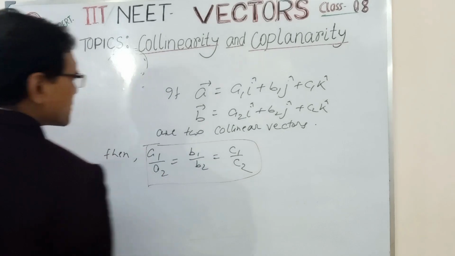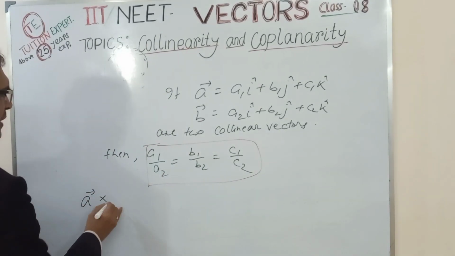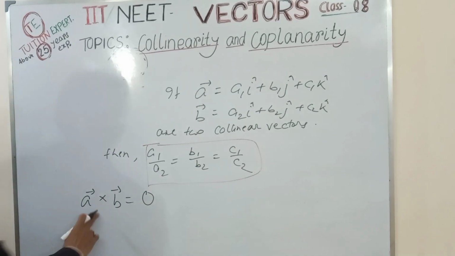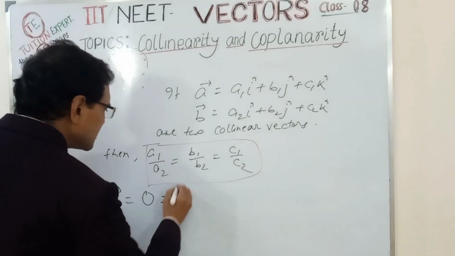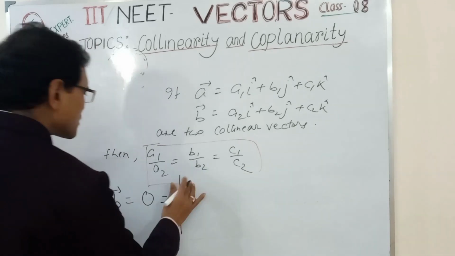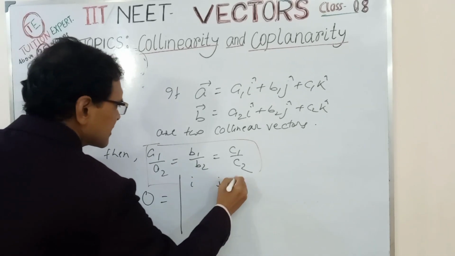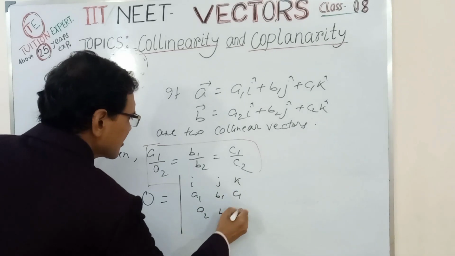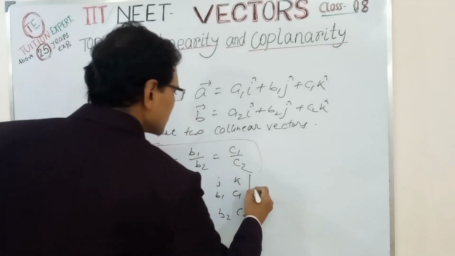How does this formula come? A and B are collinear vectors, so their cross product must be 0. Now we learned the cross product. This equal to 0.